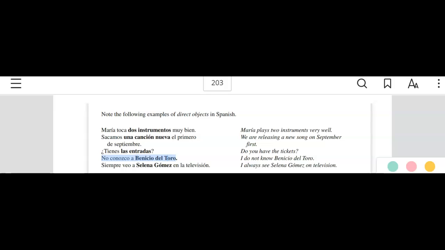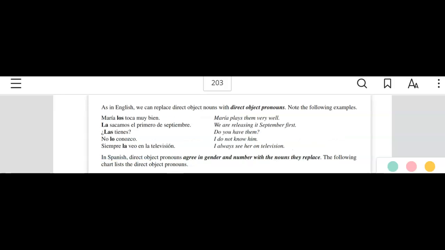I always see Selena Gómez on television. A shorter way to say it, or to avoid repetition, could be Siempre la veo en la televisión. I always see her on television. La is a direct object pronoun.